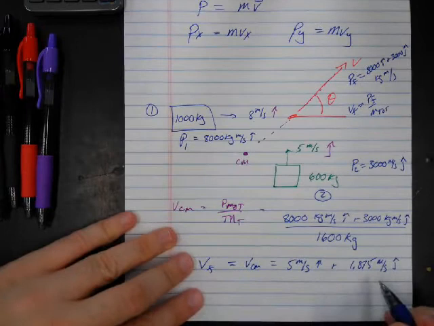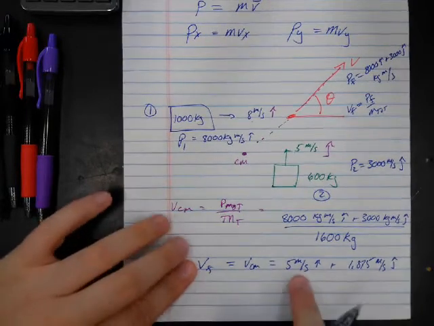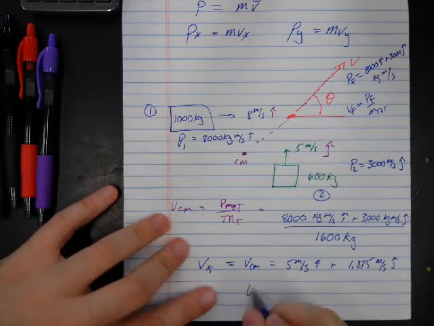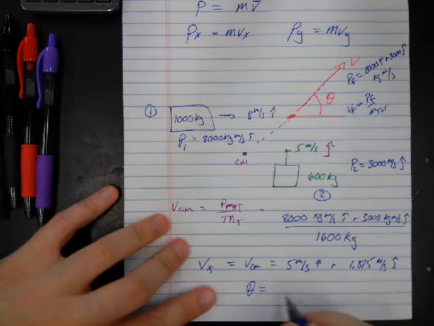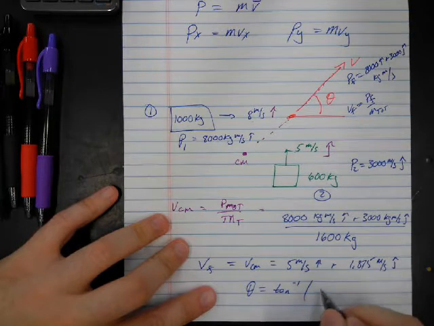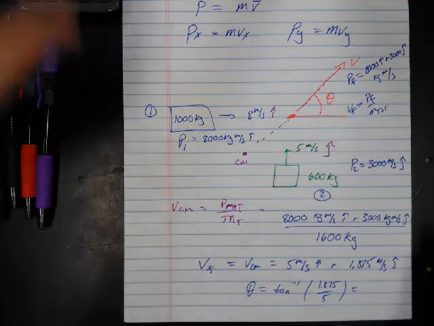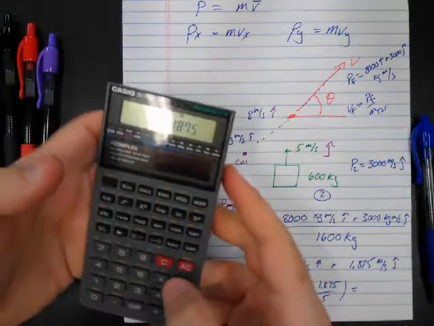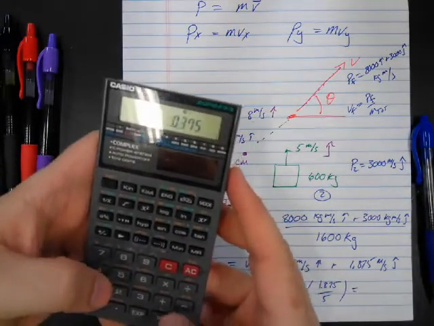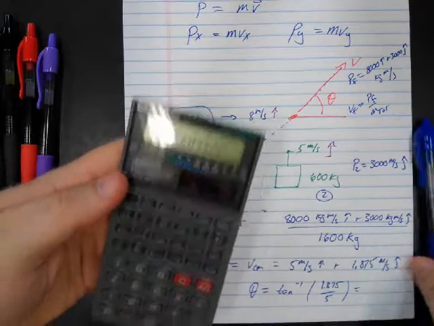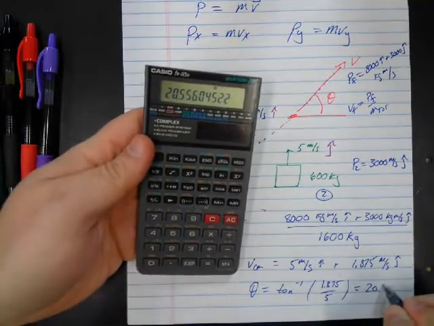So if we want to find the angle, this vector has components. Theta here is going to be inverse tangent of y over x, which is 1.875 over 5. And we figure that out. That'll be 20.5 degrees.